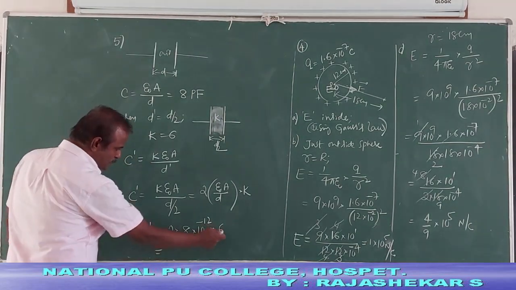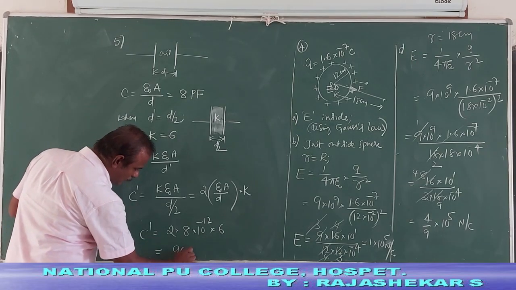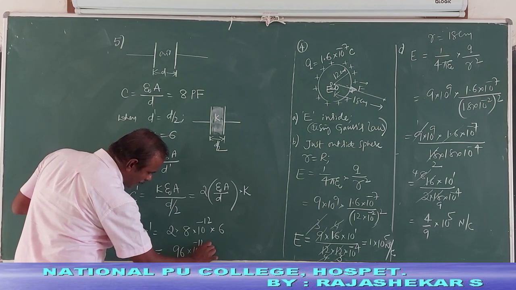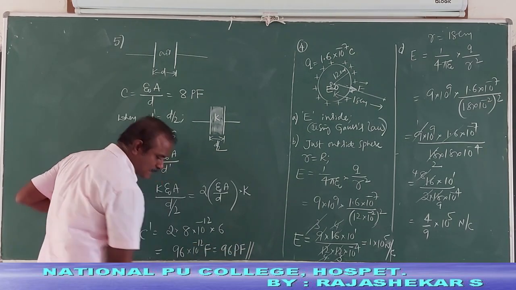Now 8 sixes are 48, 2 times, 96 into 10 to the power minus 12 farad or 96 picofarad is the answer.